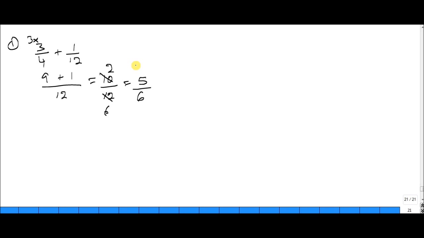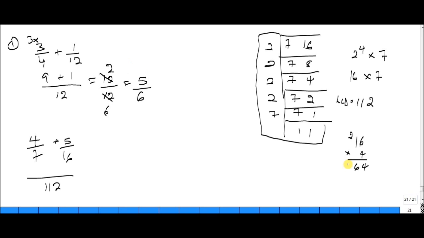Number 2. So for number 2, we have 4/7 plus 5/16. To find the LCD for that, using the prime factorization approach, we say 2 into 7. We can't, because it will leave a remainder.